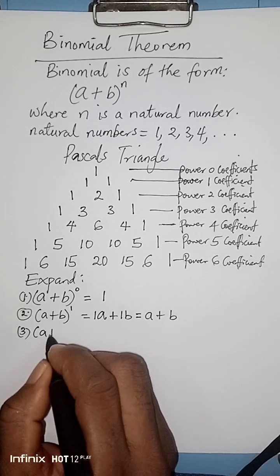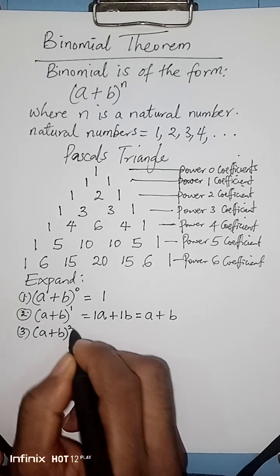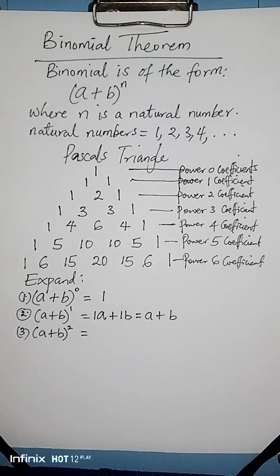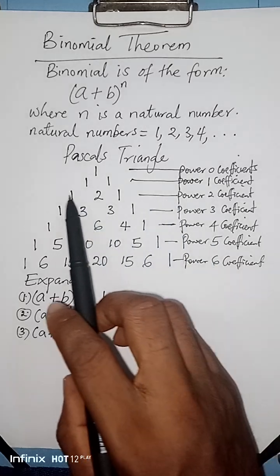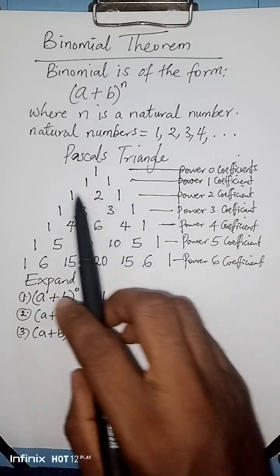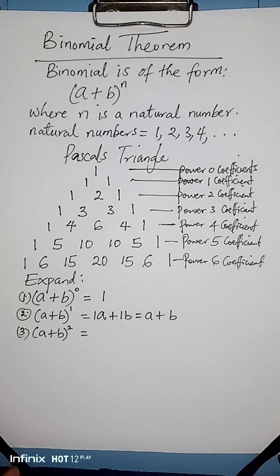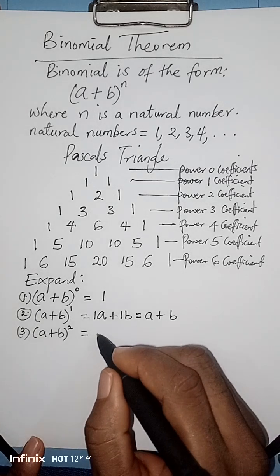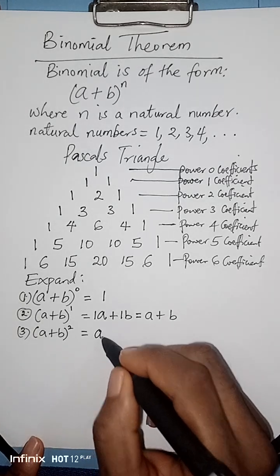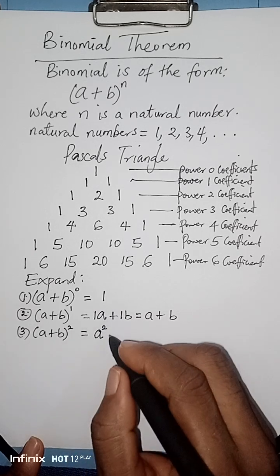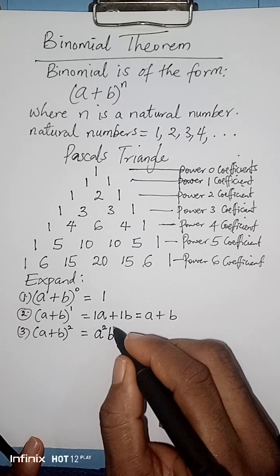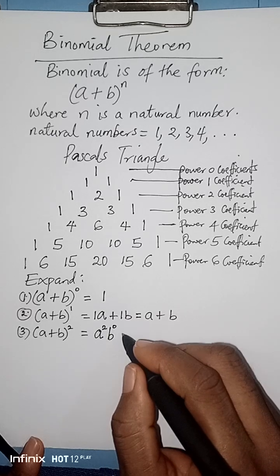Let's try the next one, number 3. If I have (a + b) raised to power 2, I go to my Pascal's triangle. When the power is 2, these are the coefficients I'm going to have. So how am I going to do it? It's going to be like this: a raised to power 2, because the power is 2, and b raised to the power 0. You start from 0.